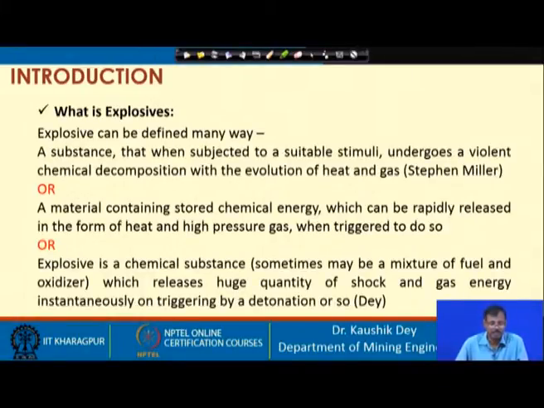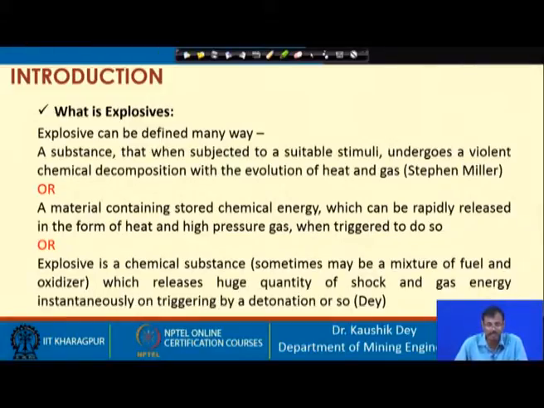Another definition may be a material containing stored chemical energy which can be rapidly released in the form of heat and high gas pressure when triggered to do so. That means, the essential requirement of an explosive which can be commercially allowed or authorized for public use is that it must have some control over it.